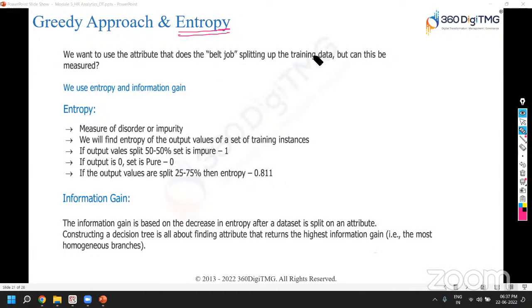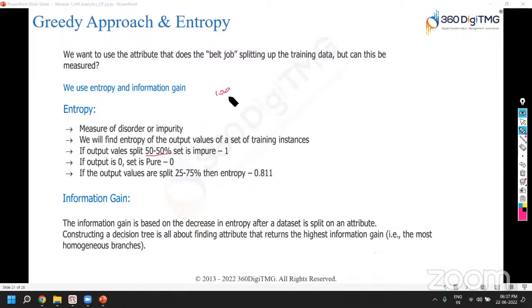Entropy is a measure which captures the variation in the data, or you can say uncertainty in the data. It is a measure of disorder or impurity, or uncertainty or variation. The more variation you see in the data, the higher the entropy.